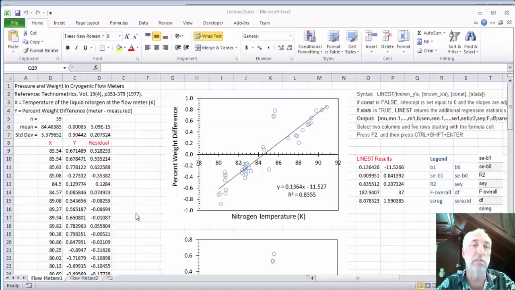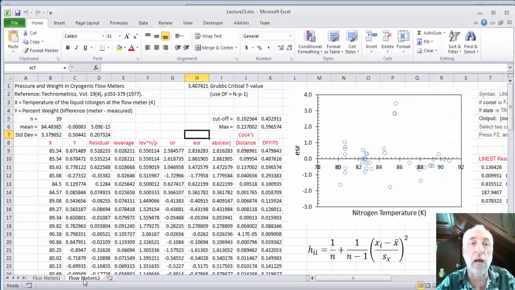Well, now we want to do some diagnostics on the residuals. So in the next tab, we show how we're going to calculate the externally studentized residuals, because that's where we need to do all of our diagnostics. To do that, we first have to get the leverage. The leverage is H_ii, the diagonal of the hat matrix.